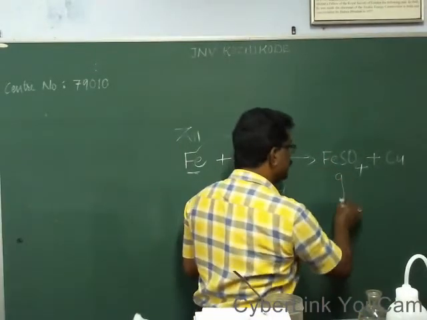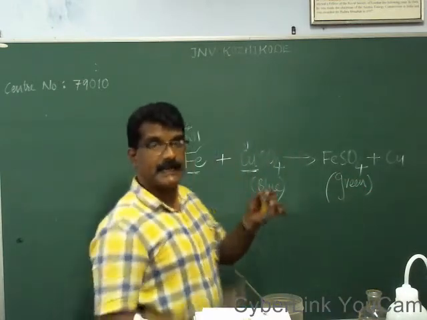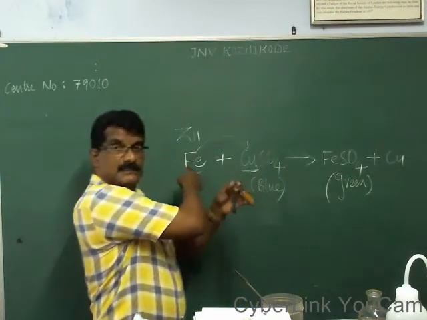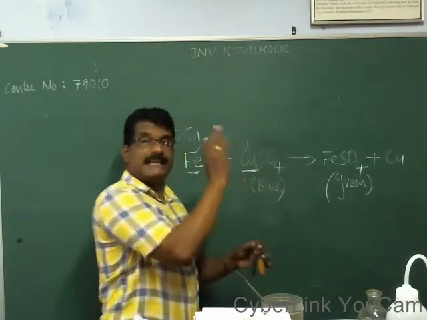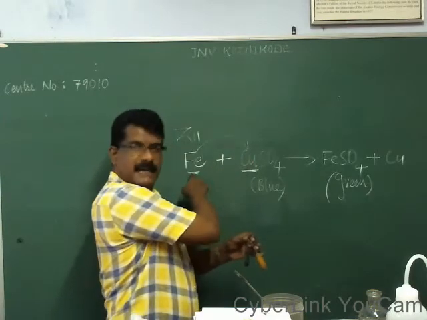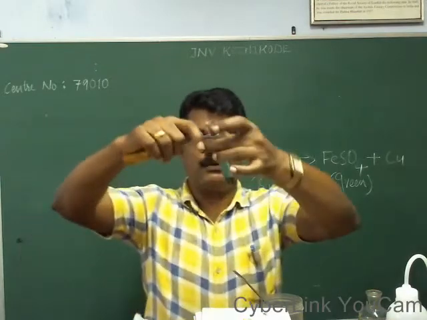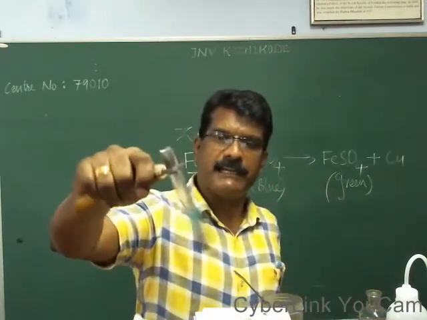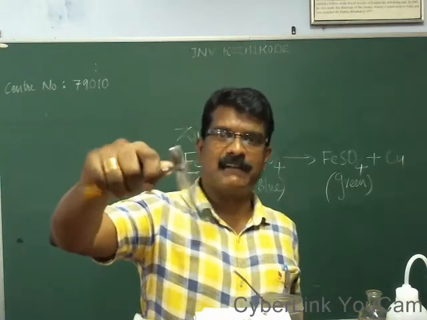Iron sulfate is green in color. Why? Because in copper sulfate, the copper is being replaced by iron, and we are getting iron sulfate. See now, the green color is very prominent, the iron sulfate you are getting.